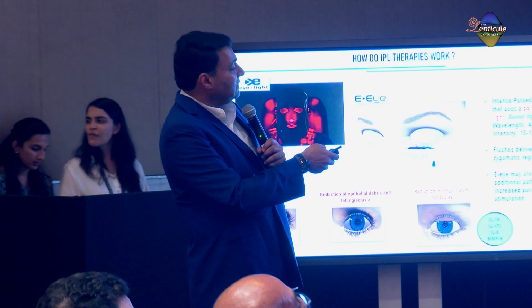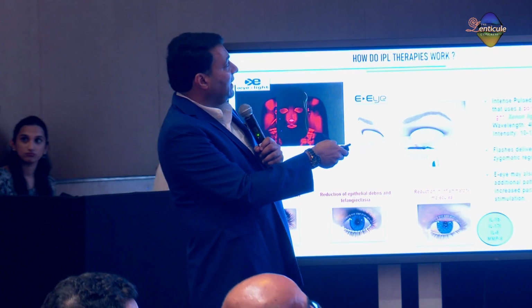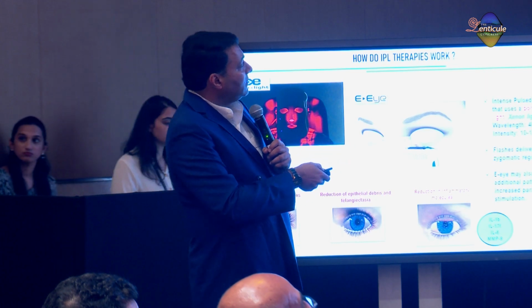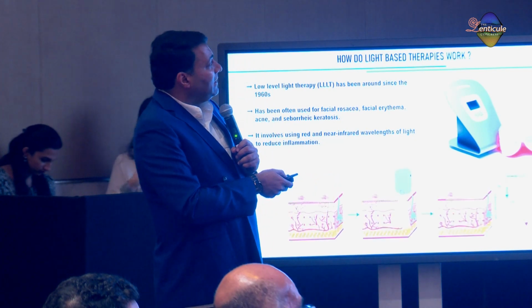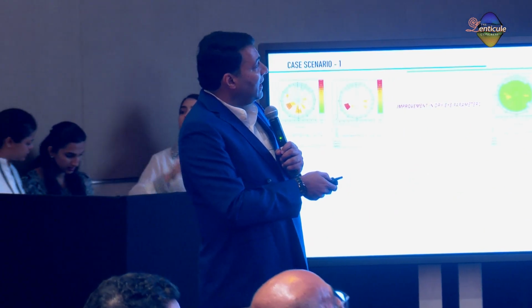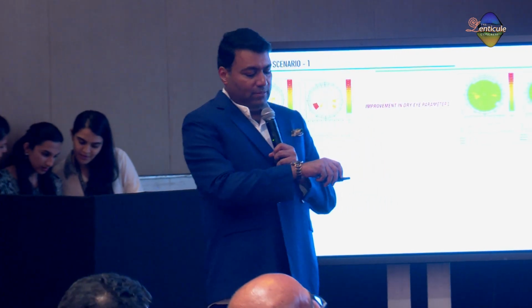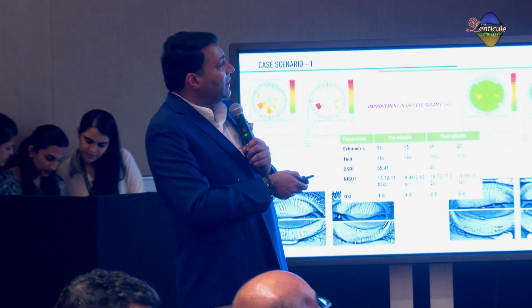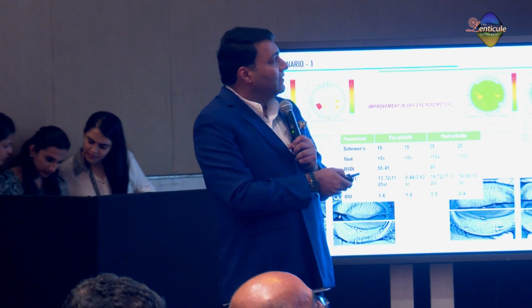This is iLight, this is EI on this side, and iLight works on the photomodulation aspect of it. So these therapies have a tremendous impact on how they improve the tear film dynamics, and improvement in your dry eye parameters. They don't do much on your meibomian glands, but they improve the quality of your tear film.